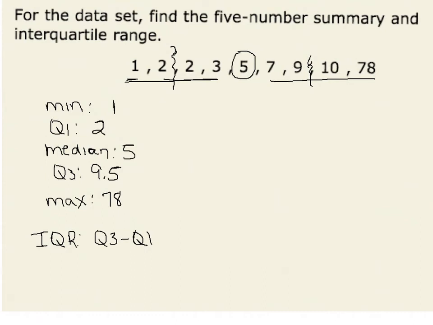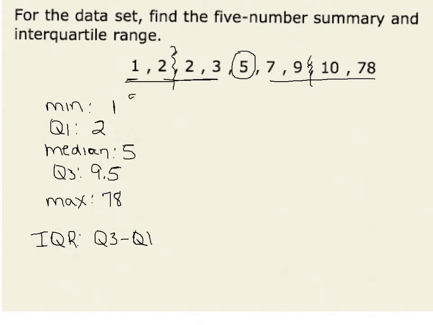Well, if we look at our median, we know that this is going to divide our data set such that 50% is going to lie below the median and 50% is going to lie above it. Our quartiles then divide our lower and upper halves.